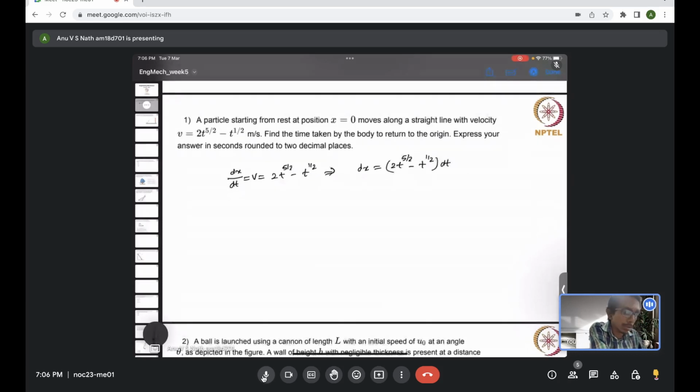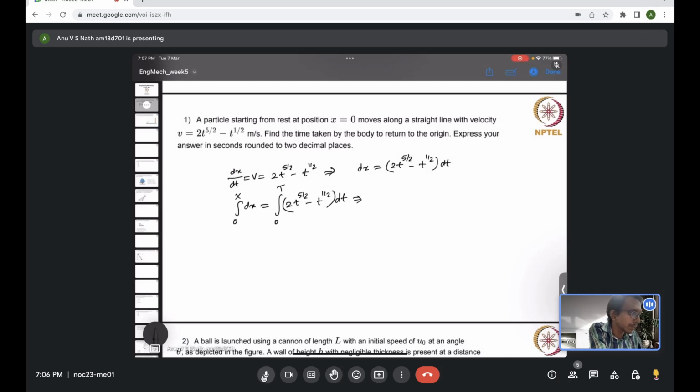Now we integrate on both sides. So x we integrate from the initial location, which is 0 given, to the final location, let's say some capital X. On the right hand side, 2t raised to 5 by 2 minus t raised to 1 by 2 dt. Again we have to integrate from time equal to 0 to some final time t.